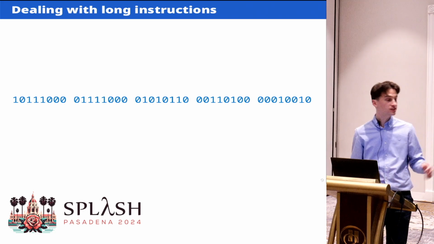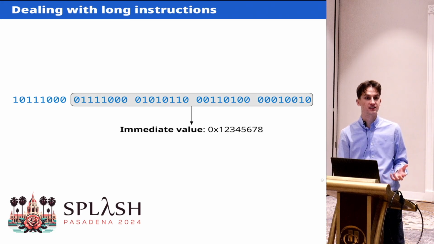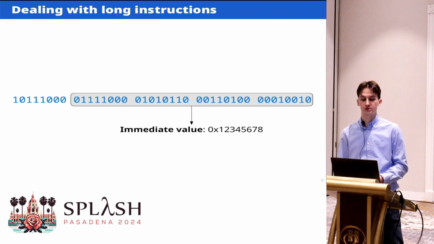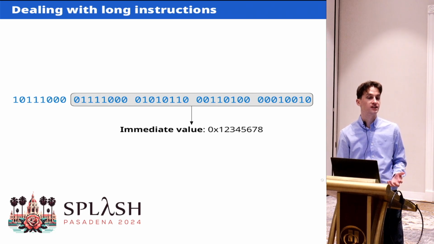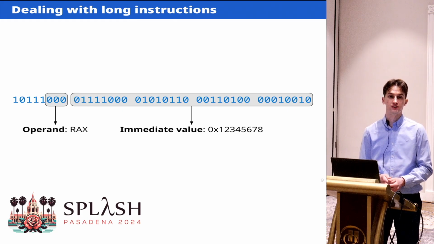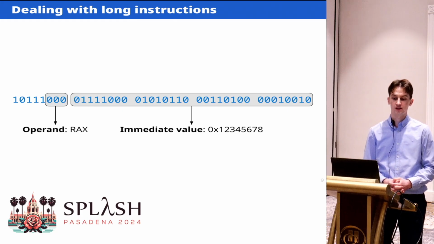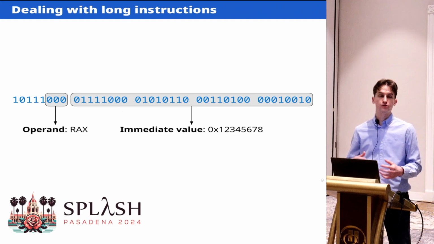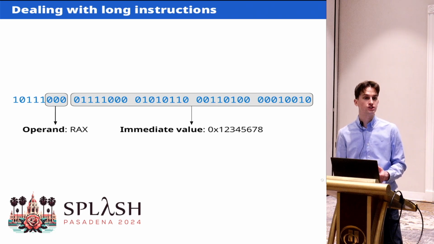For example, this instruction, the last 32 bits are actually just an operand, an immediate value that is used to update the CPU state. And the 3 bits before that are just a register operand that is used to write the result of the computation that this instruction does. So what we can then do is we can start inferring the way these operands are encoded into the instruction.